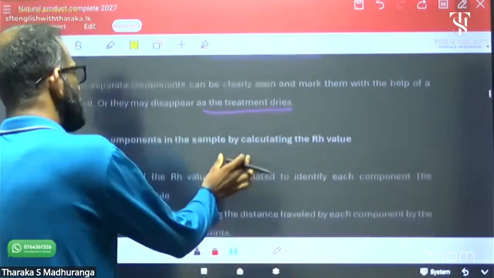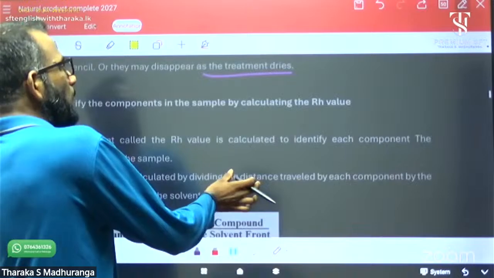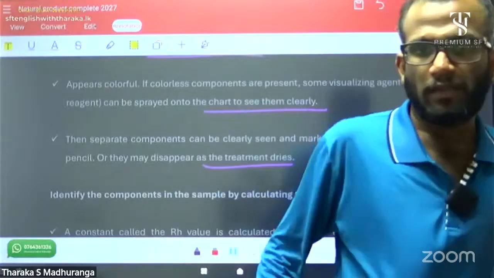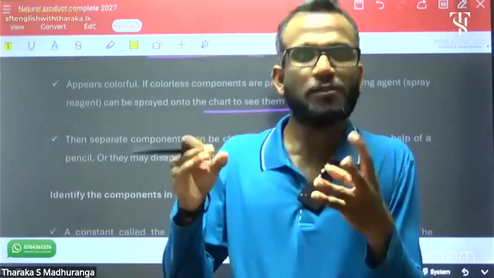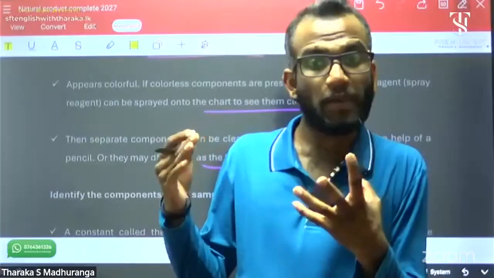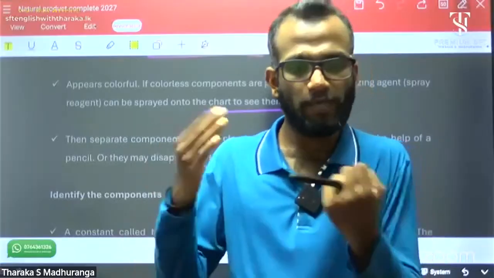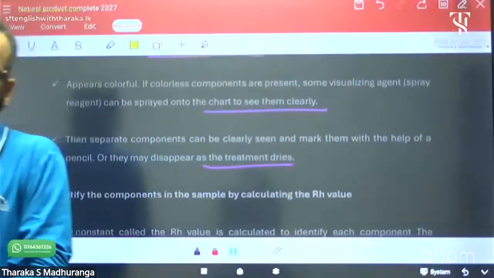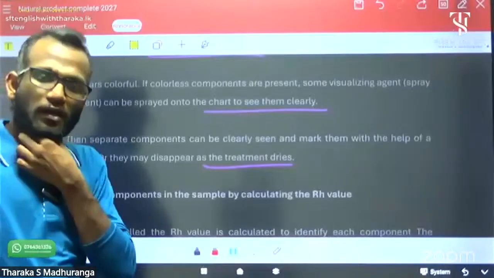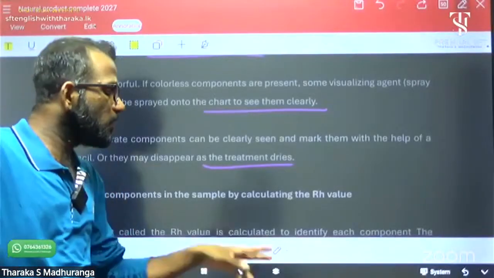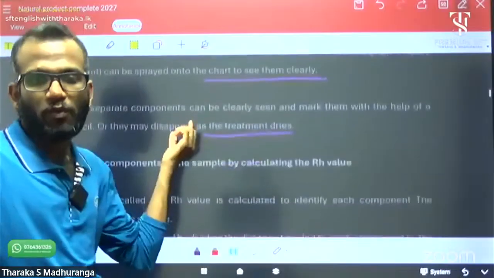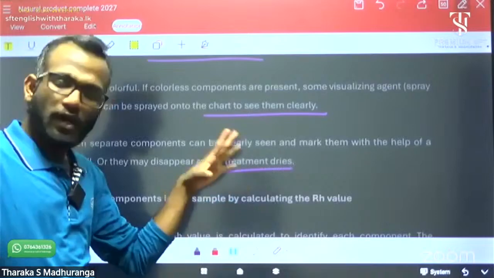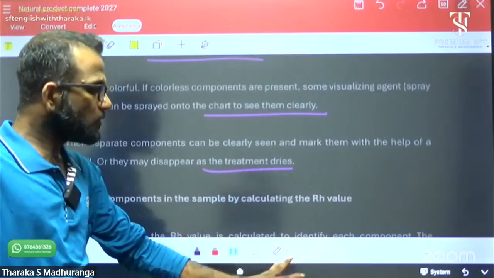Using sprays, chemicals, or UV light we can visualize these marked points. Understood? Then we can identify whether these compounds are present or not. The identification method I will explain later. Okay, that is the chromatography practical up to now.